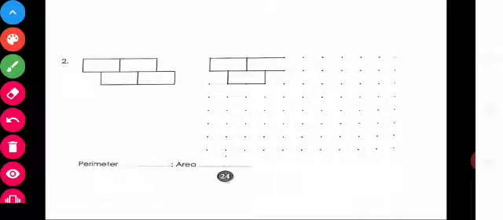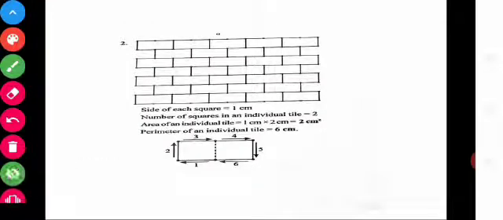And then look at the next pattern. Complete this. Side of each square is equal to 1 centimeter. Yes, the number of squares in an individual tile. Consider this tile. Number of squares, how many is it? 2.